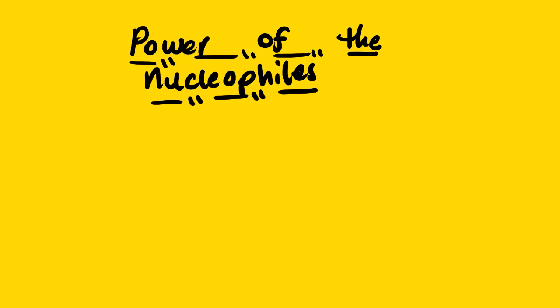Then you should know that another factor is that the better the nucleophile, the faster the rate of SN2 reactions. You should also know that the best nucleophiles are also the best electron donors. Remember that the nucleophile, with a pair of electrons, donates electrons to the electrophile, attacking the electrophile with its electrons.